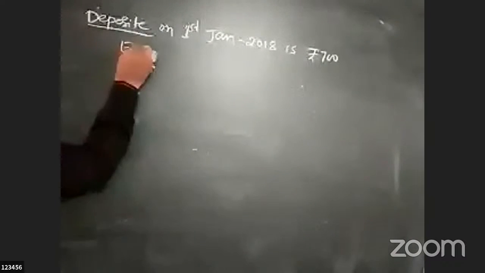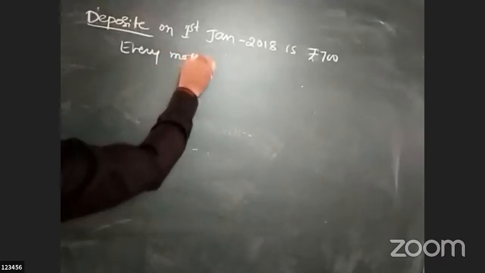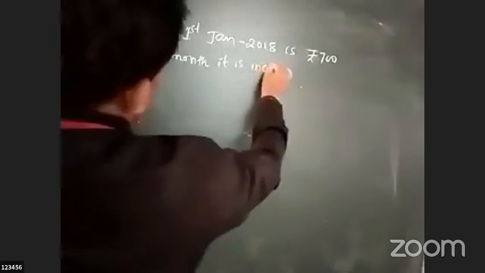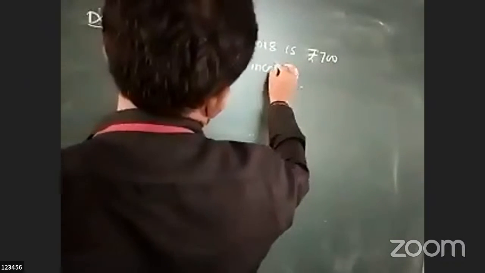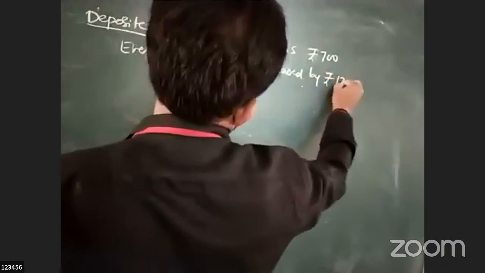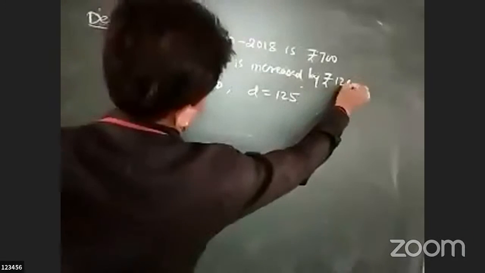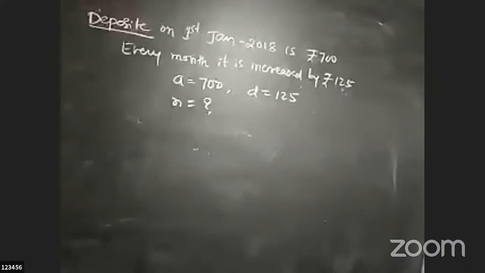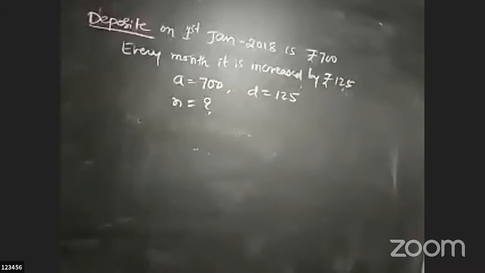Every month it is increased by rupees 125. That means A is equal to 700, d is equal to 125. What is n equal to? 25. n is equal to 25. Check.